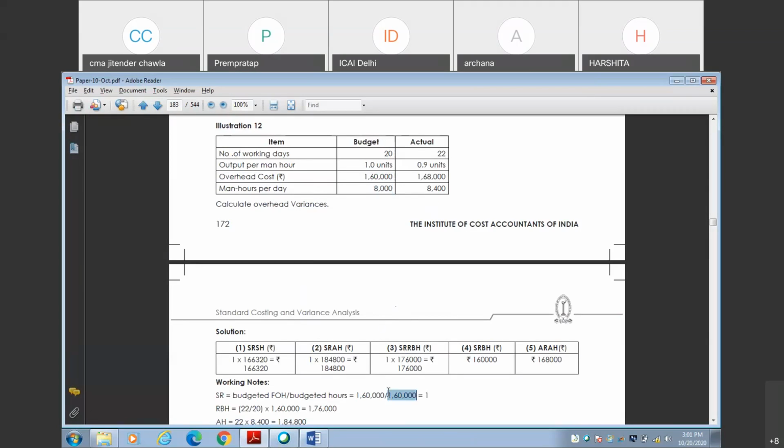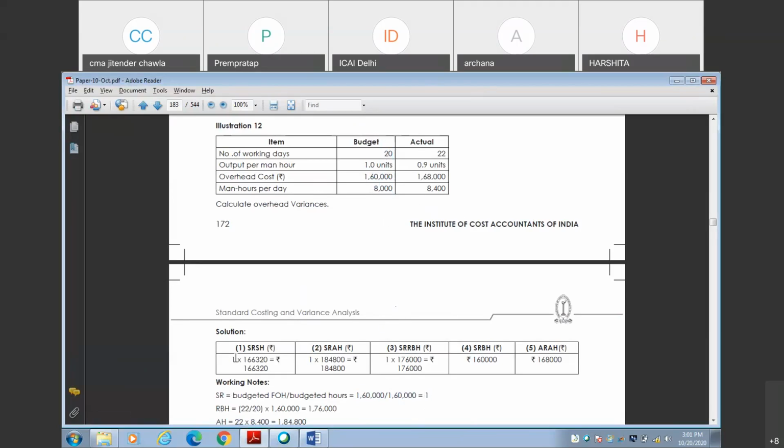Am I right? Please reply. Meanwhile, if there is some problem in network, this numerator 160 come from where? This denominator 160 comes from 8,000 into 20. So this is your standard rate.